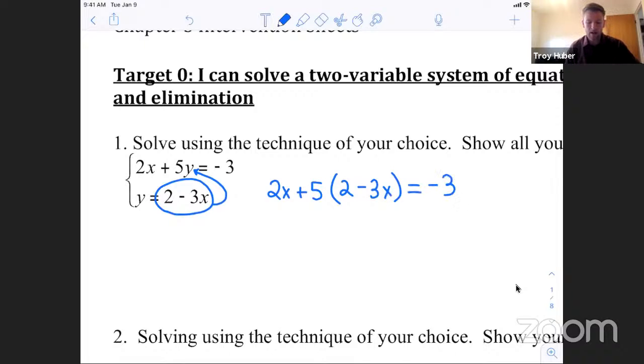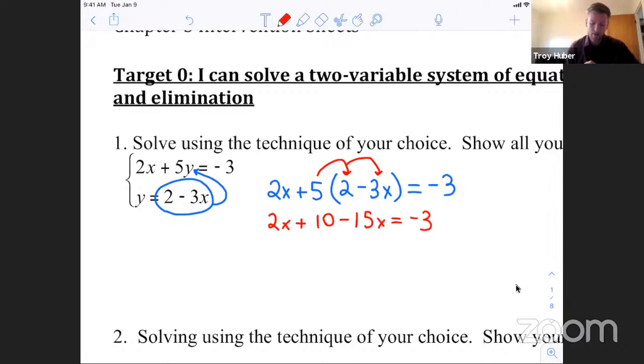Now we just have to solve this equation for x. I can distribute this 5 to both terms. So I have 2x plus 10 minus 15x is equal to negative 3.